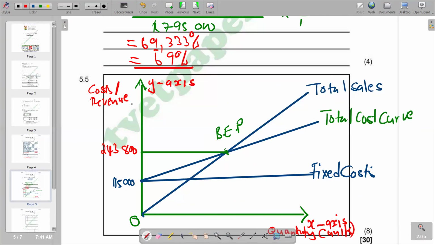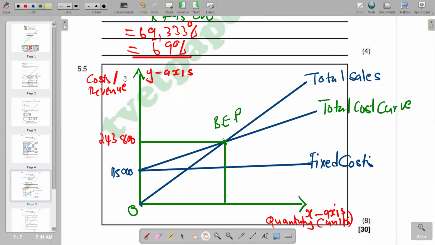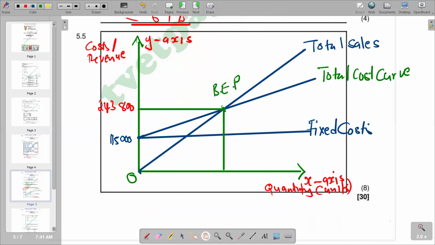And then we also have our break-even quantity now on the horizontal axis, whereby we are showing it by going down. There we have our break-even quantity. We calculated it and we got 4,600. So it means here we've got 4,600. Right, so that's what we have.